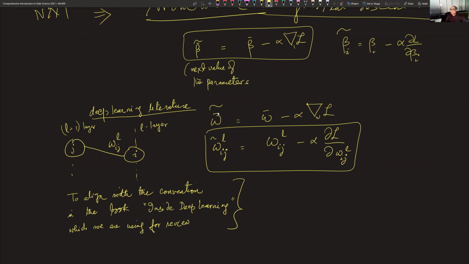We are replacing W with theta. This W vector goes to theta as a vector.